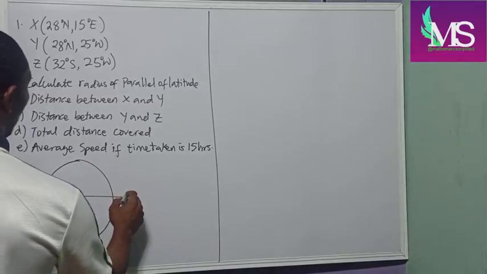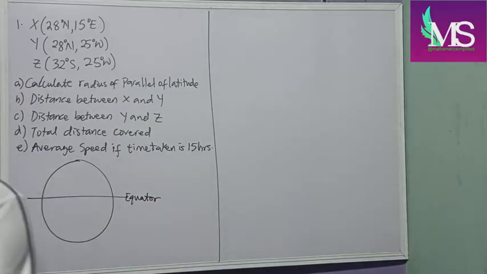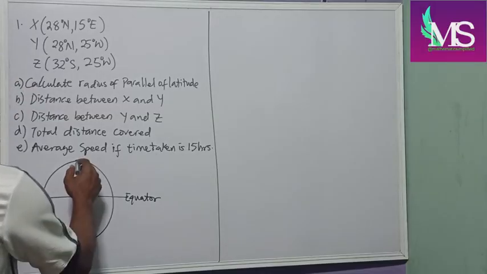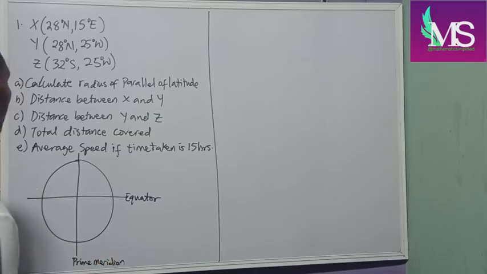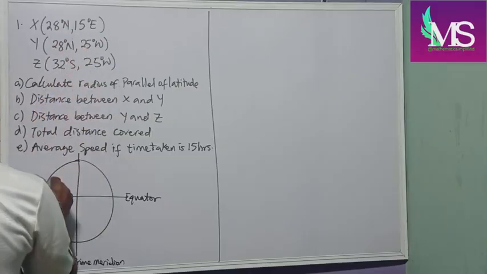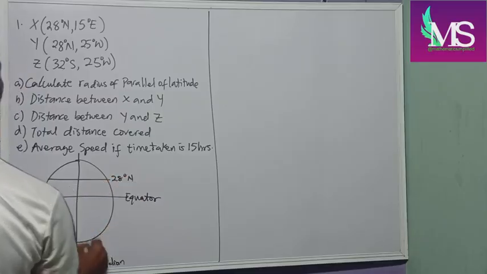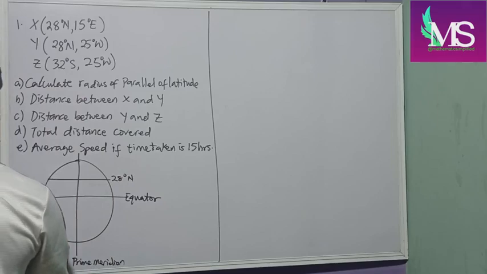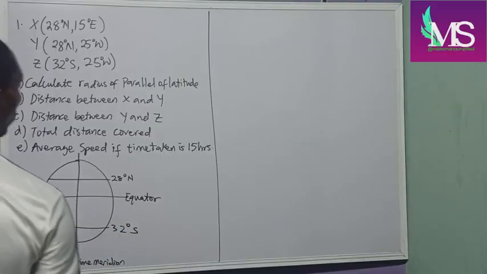Now, let's have this as an equator. If this be our equator, then we have our prime meridian. Now this is 28 degrees north. That means we have a latitude here, 28 degrees north, and we have another latitude, 32 degrees south.